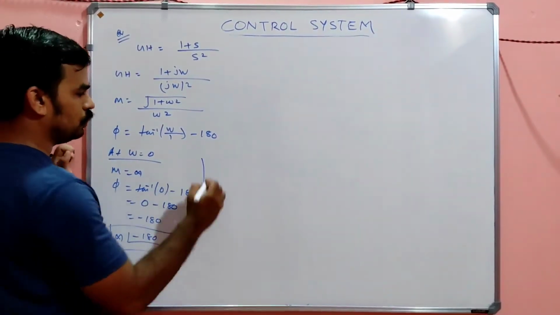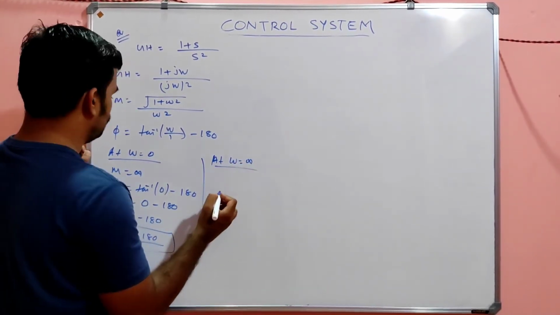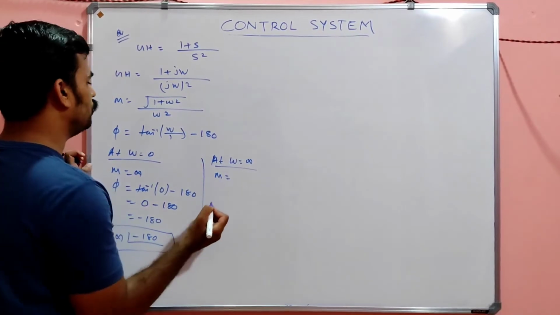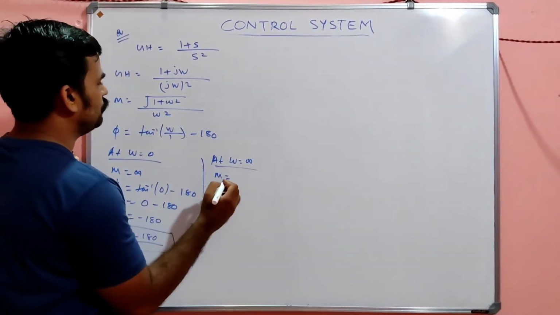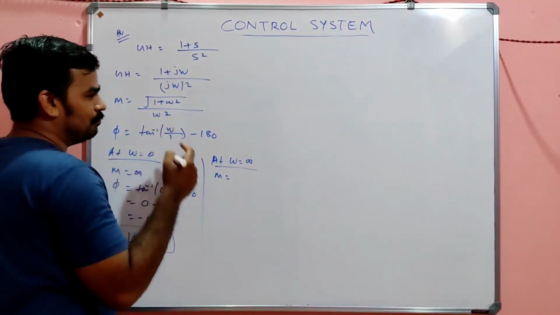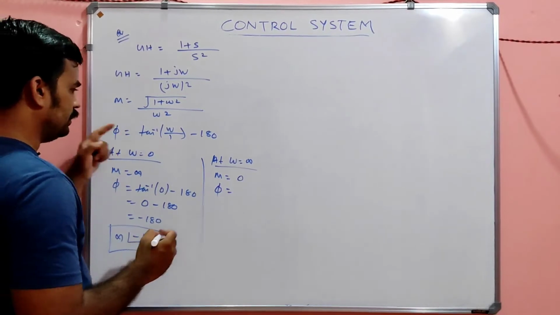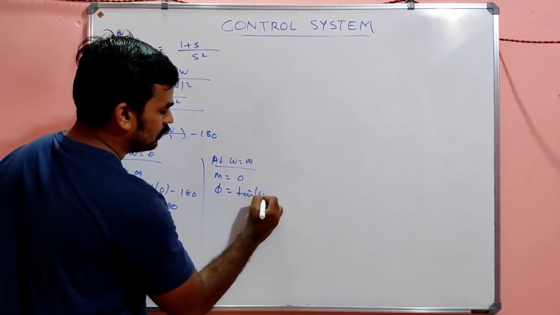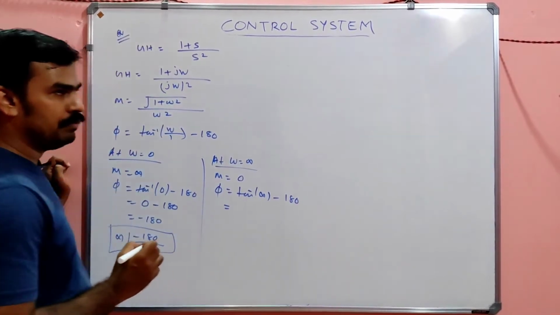Alright. So at omega equal to infinity, what happens? Magnitude will be equal to what? The magnitude will be 1 by infinity square, so magnitude will be 0. And phase will be tan inverse infinity minus 180. What is tan inverse infinity?